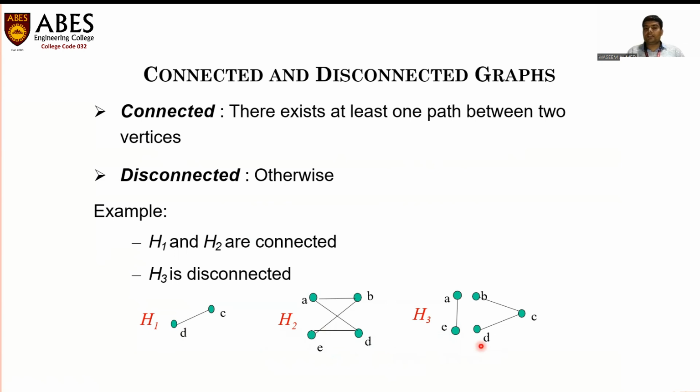We call it disconnected because in this graph there is a path A to B, A to D, E to B, or E to D, but there is no path existing between these two parts, so we call it a disconnected graph.